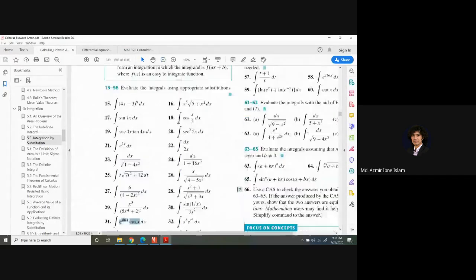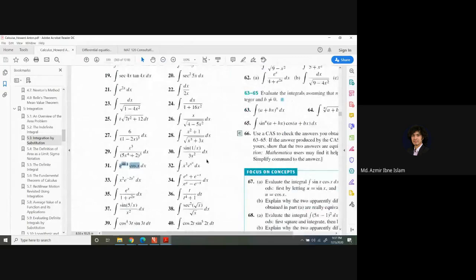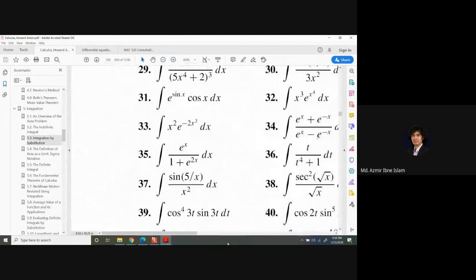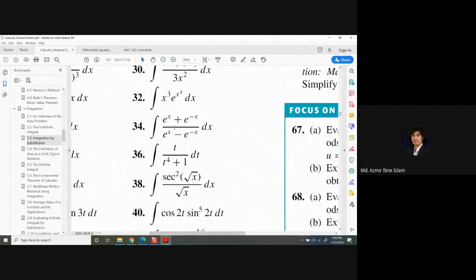Let's take any random function here. Let's take 34. Here we can see the integration of e to the power x plus e to the power minus x over e to the power x minus e to the power minus x. So let me write this function here.